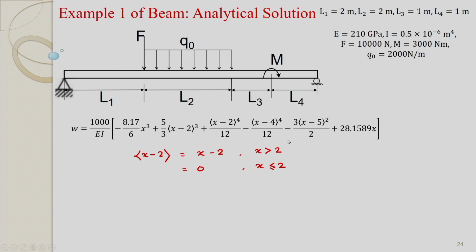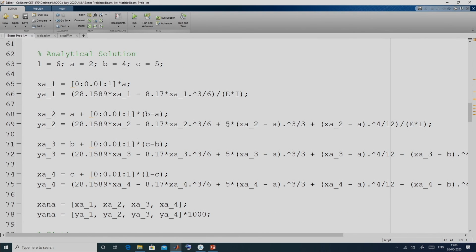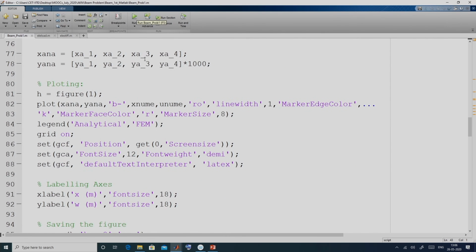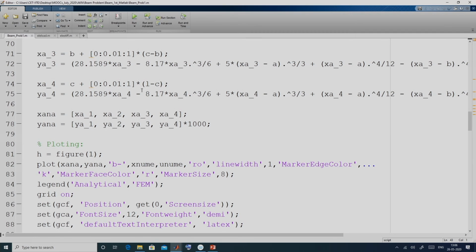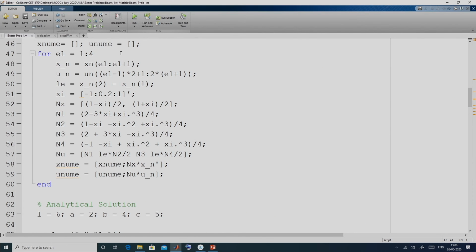This is the analytical solution for this problem for this F, M and Q naught. Now, in Matlab we have coded that analytical solution, and finally we plot the FEM solution and analytical solution.